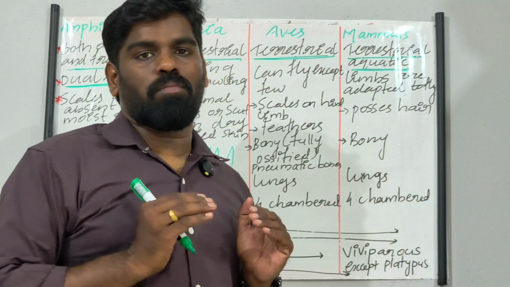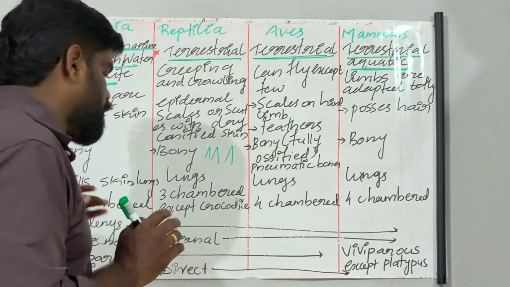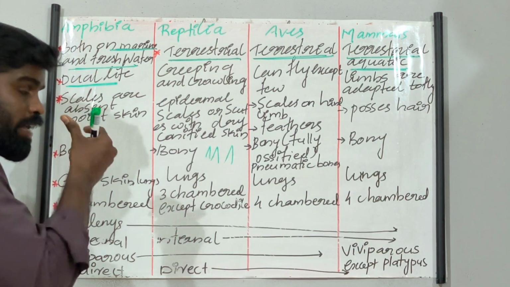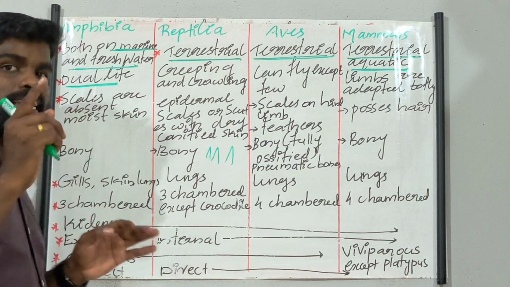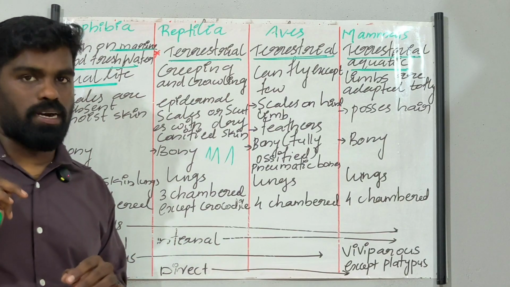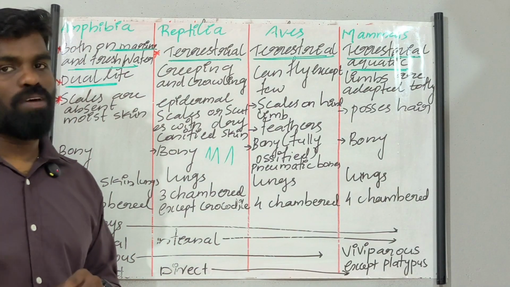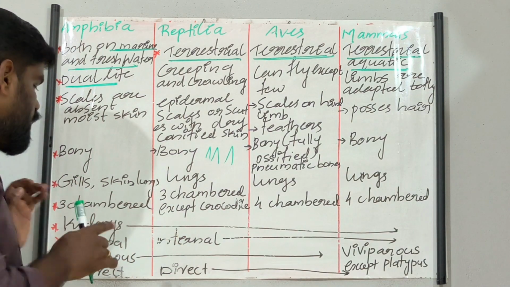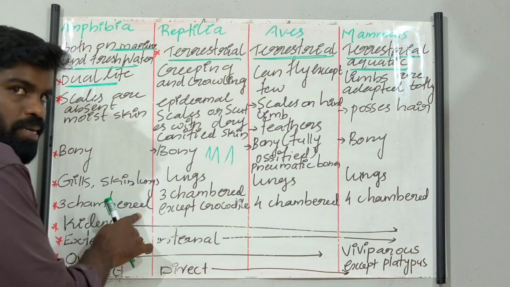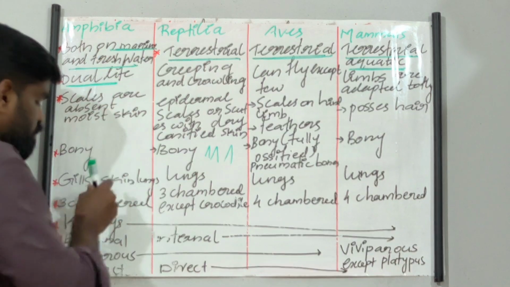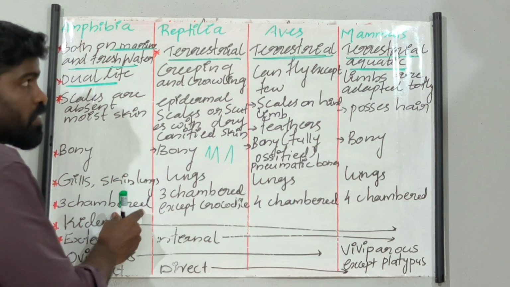Now, when we talk about the circulatory system, especially the heart, in case of fishes, we discussed that it has a two chambered heart, one auricle, one ventricle, right? Here it is actually a three chambered heart. Amphibians have a three chambered heart.